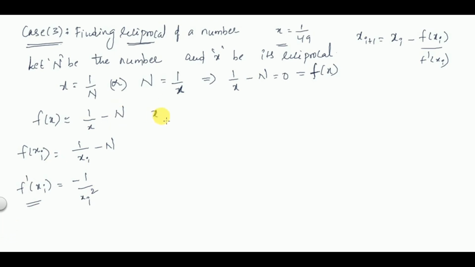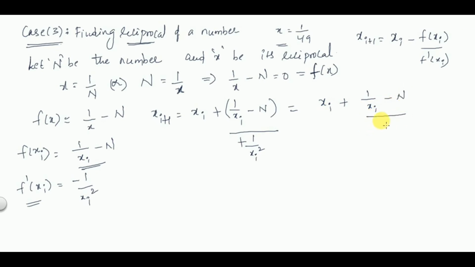So the iteration formula is given by xi minus f of xi. F of xi is this one, 1 by xi minus n, divided by minus 1 by xi square. This minus and this minus will get cancelled off, so it becomes plus. Now xi plus 1 by xi minus n divided by 1 by xi square.